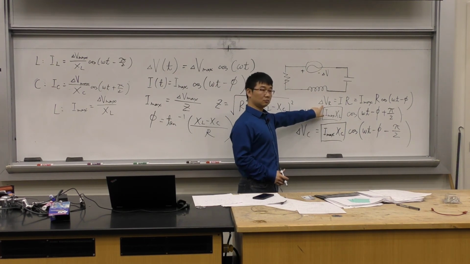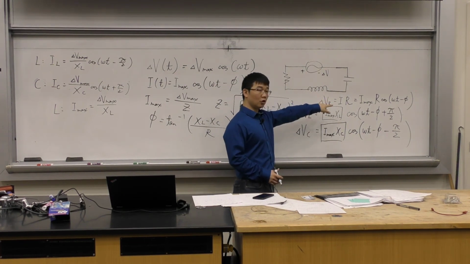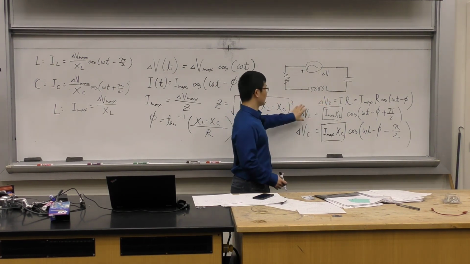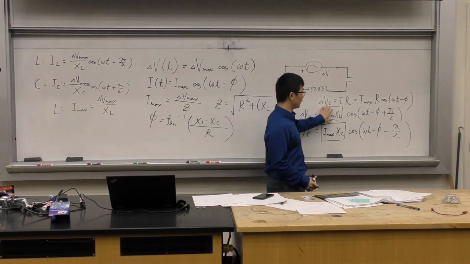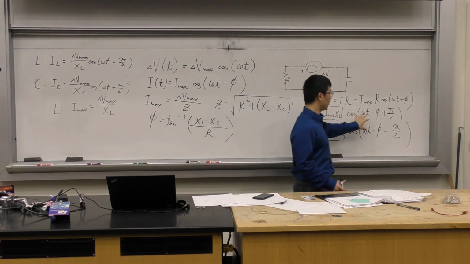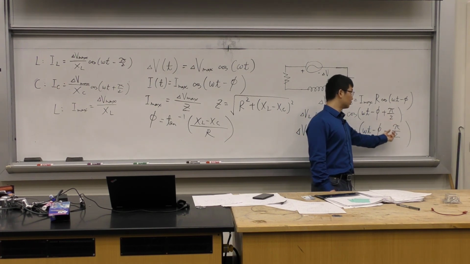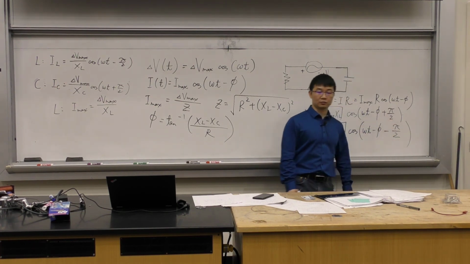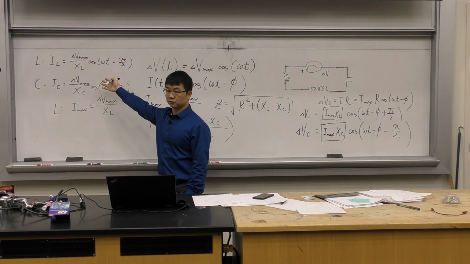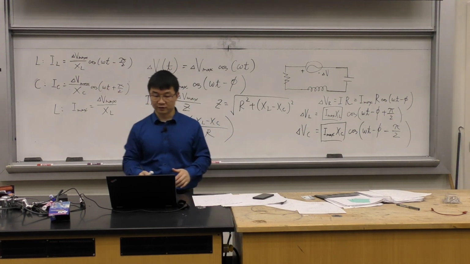This is easy, right? You just do Ohm's law if you have the current. Now for these two, you're going to figure out the maximum, and whether you add 90 degrees or subtract 90 degrees. Use this theory. You just go backwards, you can always figure it out.